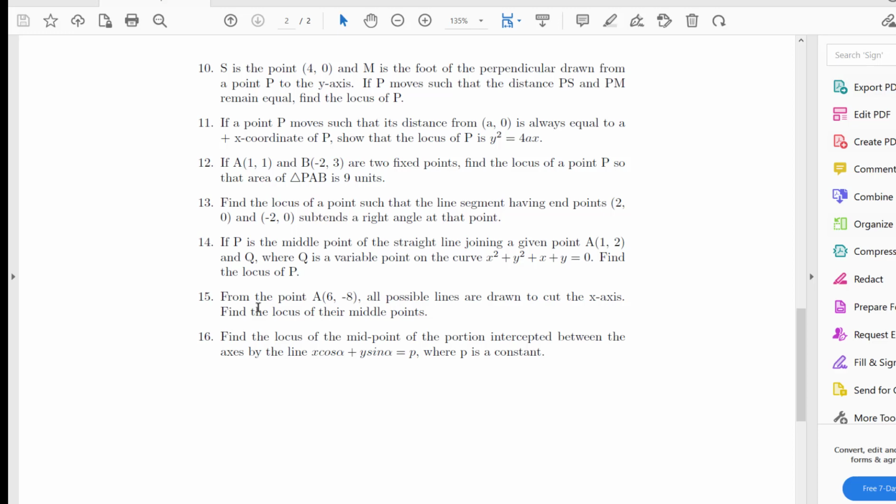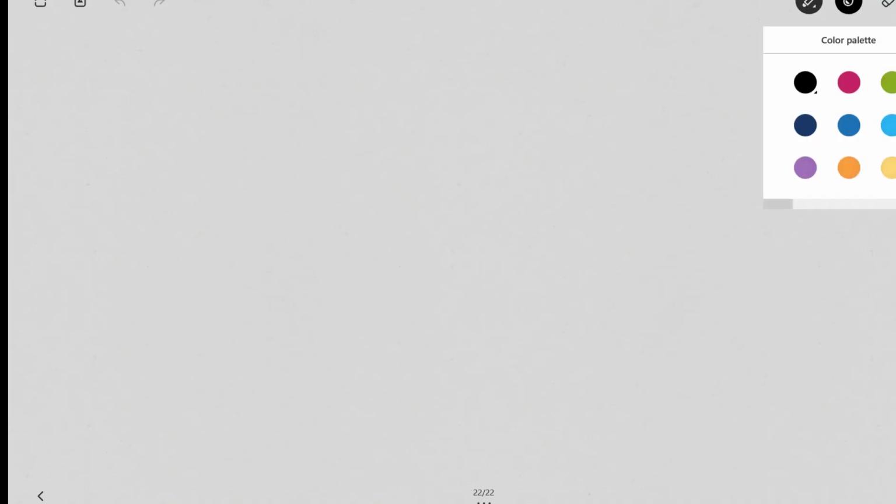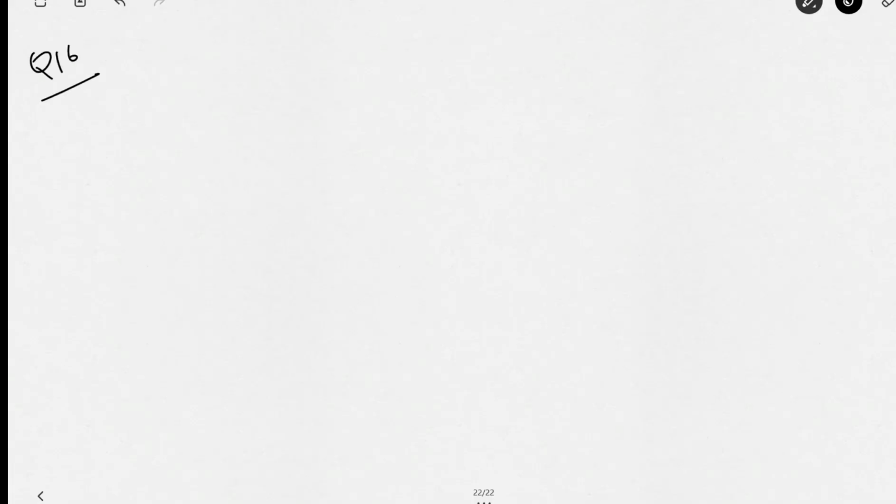The last question is: find the locus of the midpoint of the portion intercepted between axes by the line x cos alpha plus y sin alpha equals p, where p is constant. Question 16. So what is the equation of the line?